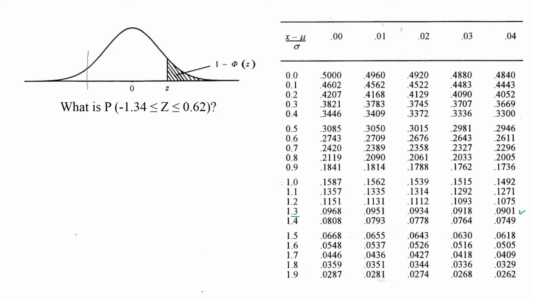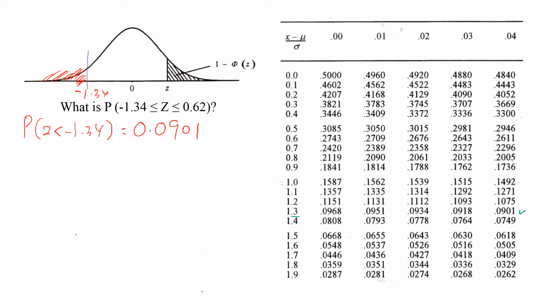So again, the probability of z less than negative 1.34 is equal to 0.0901.